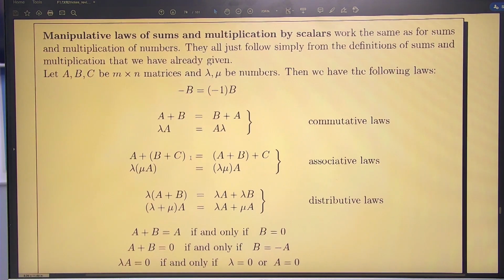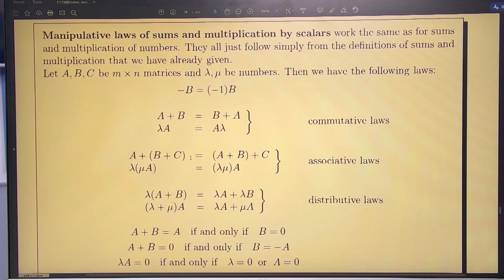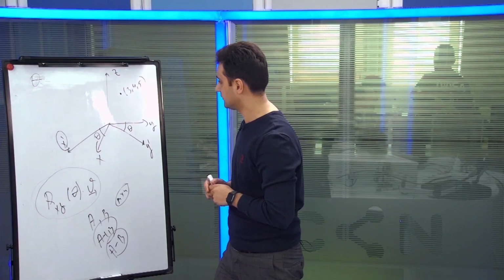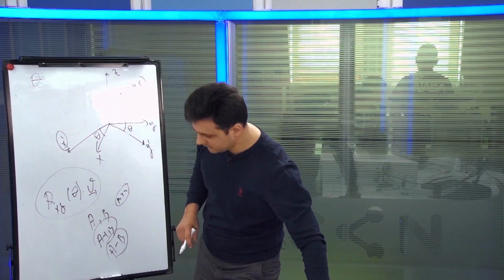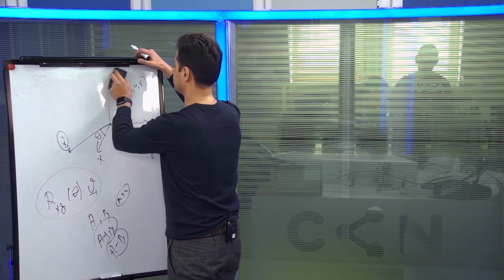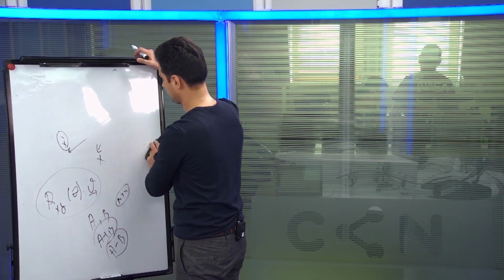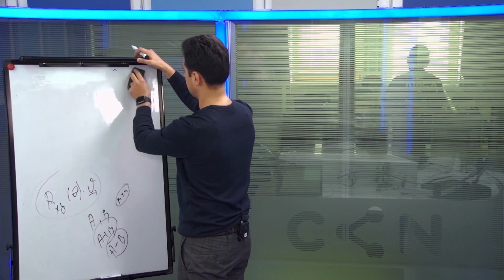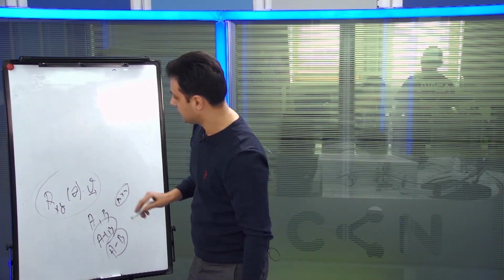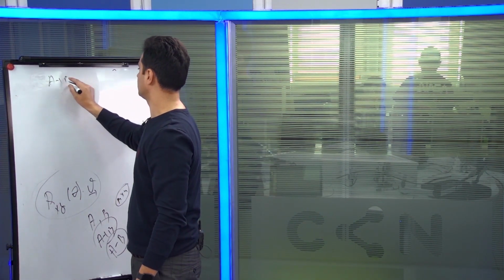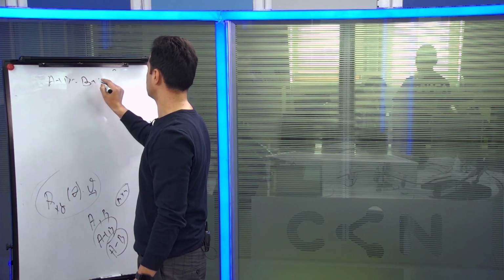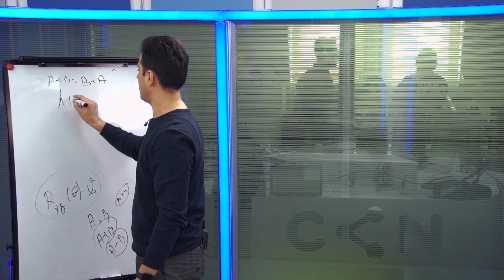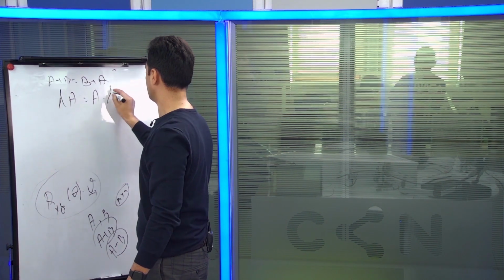So, the laws of sums and multiplication by scalars. We have the commutative laws: A plus B is equal to B plus A, and lambda A is equal to A lambda.